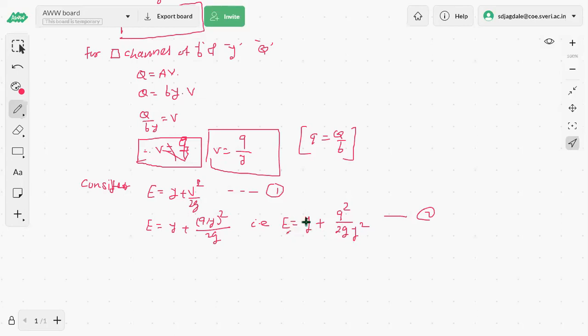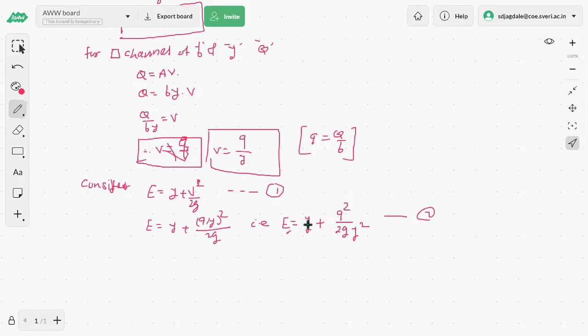That is, if you want to pass some discharge q through a particular channel section with some specific energy E, then we will have two flow depths. We will be able to pass the same discharge q at the same specific energy E at two flow depths, that is y1 and y2.